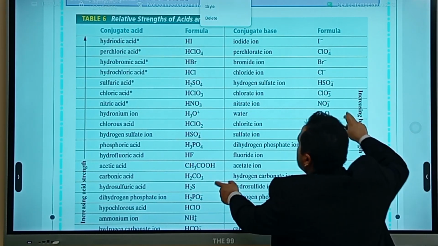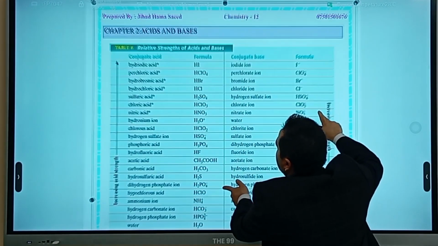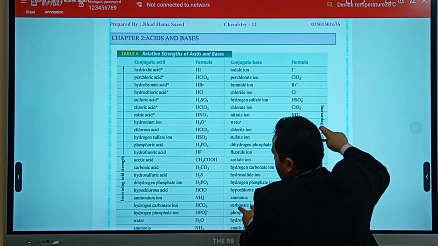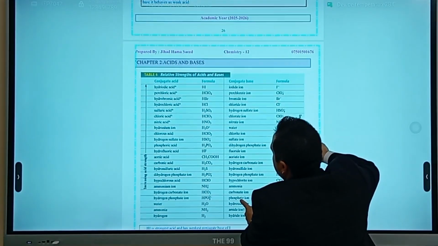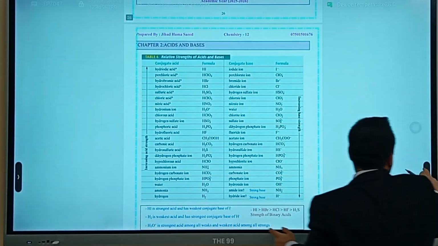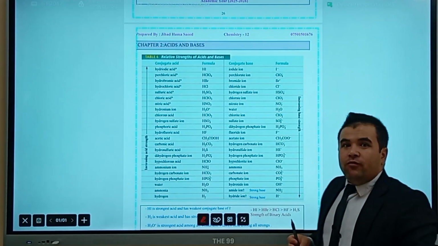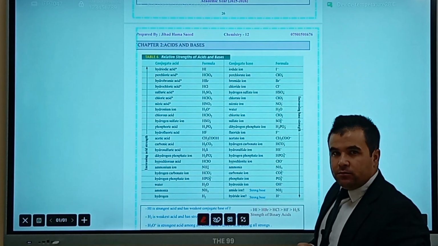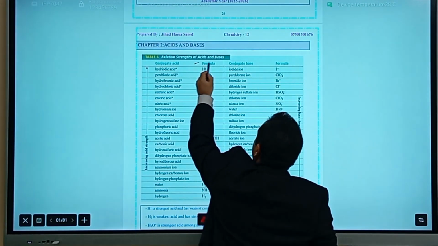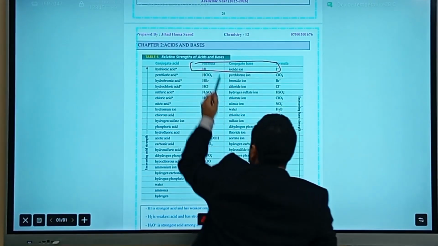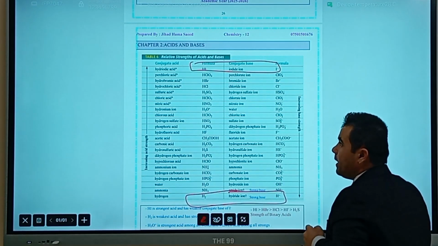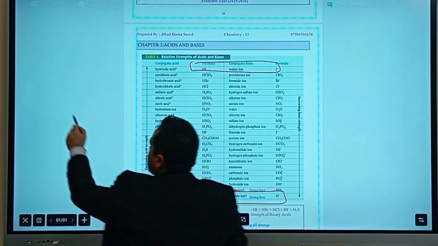For this table, what do we have to know about it, guys? This is table 6 in our book. We have to know three types of information. The first one is the top and the bottom, in terms of what?